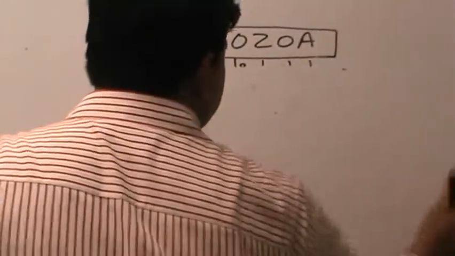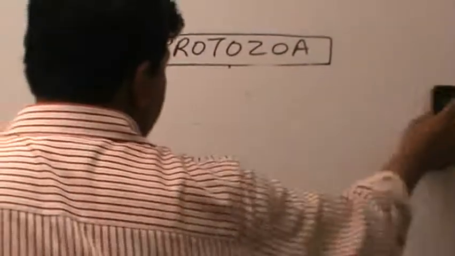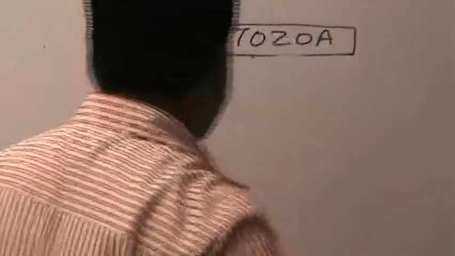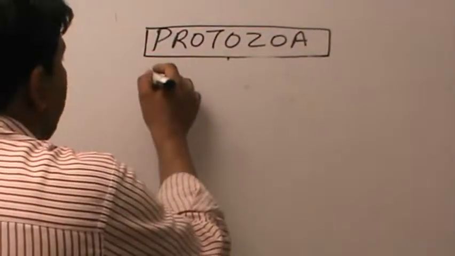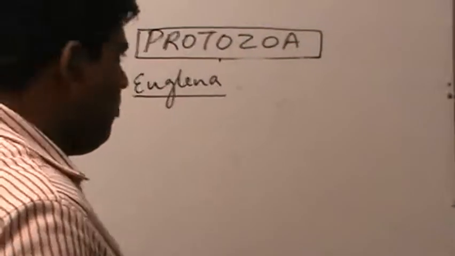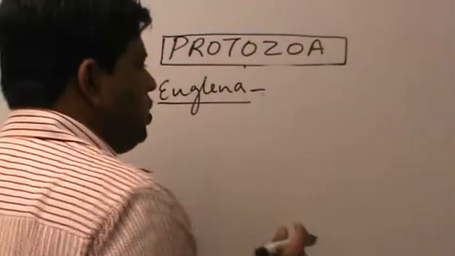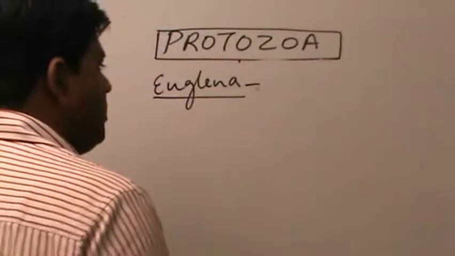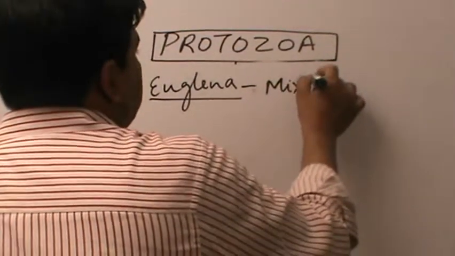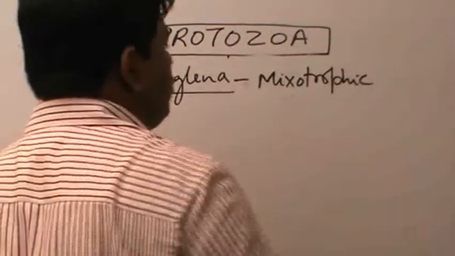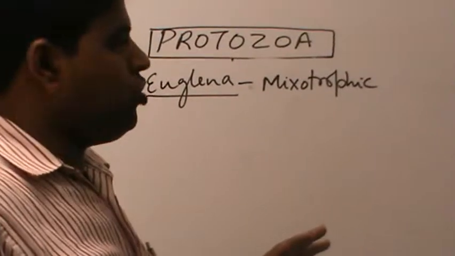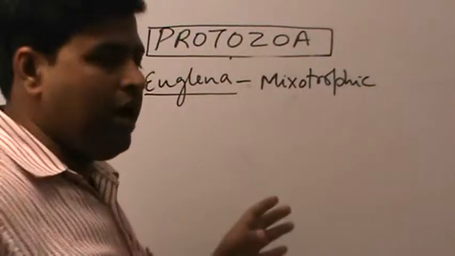Phylum Protozoa has different types of organisms, and a very interesting one is Euglena, because it has characteristics of both animals and plants. It performs mixotrophic nutrition because it can photosynthesize and it can also absorb nutrition just like animals.